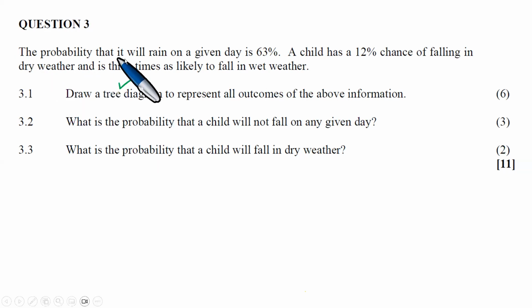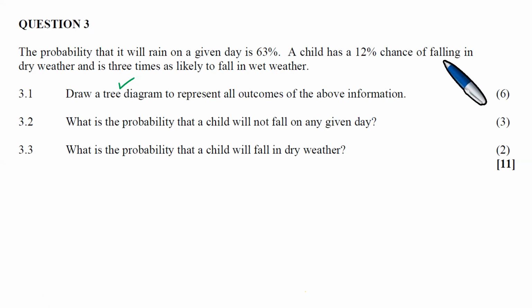The probability that it will rain on a given day is 63%. A child has a 12% chance of falling in dry weather, and is three times as likely to fall in wet weather. In other words, children fall all the time because they are still learning how to walk.